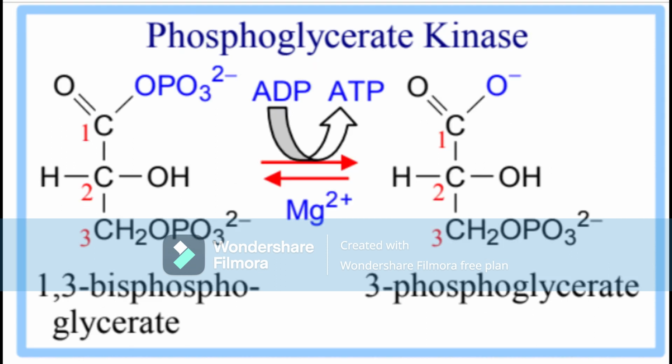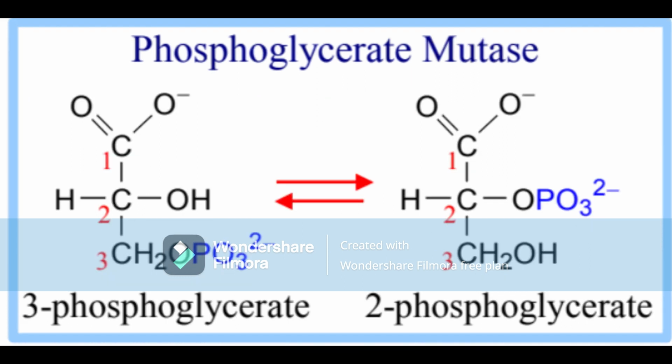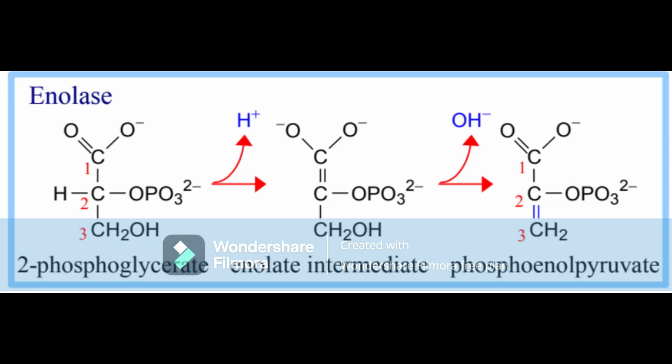The sixth is that 1,3-BPG donates a phosphate group to ADP, producing ATP, and is converted into 3-phosphoglycerate by the enzyme phosphoglycerate kinase. The seventh is that 3-PG is converted into 2-phosphoglycerate by the enzyme phosphoglycerate mutase. The eighth is that 2-PG is converted into phosphoenolpyruvate by the enzyme enolase.